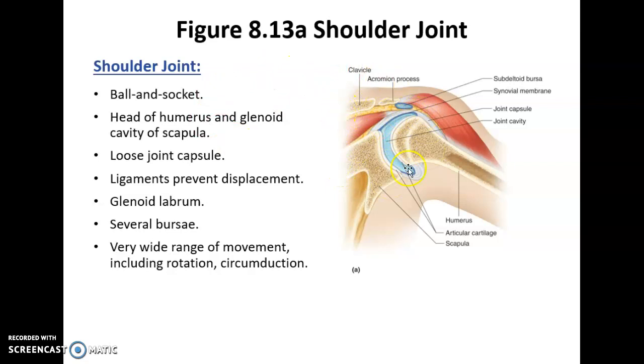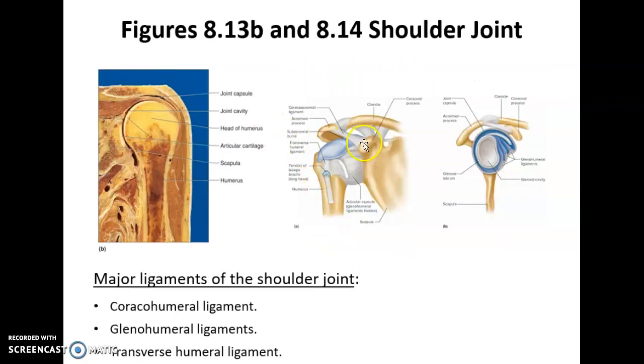One of the most movable joints is the shoulder joint. Then we have these major ligaments for the shoulder, and you must know them. You must be able to identify these three ligaments: the coracohumeral ligament, from the coracoid apophysis to the humerus; the glenohumeral ligament, from the glenoid cavity to the humerus; and the transverse humeral ligament.